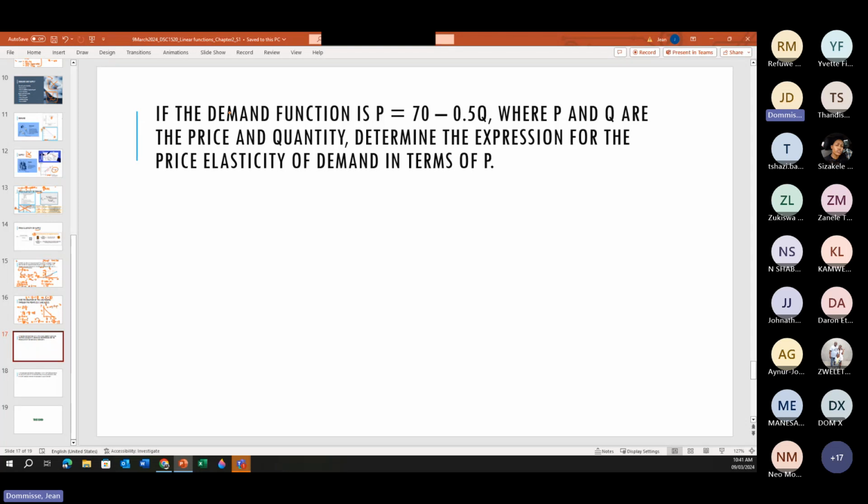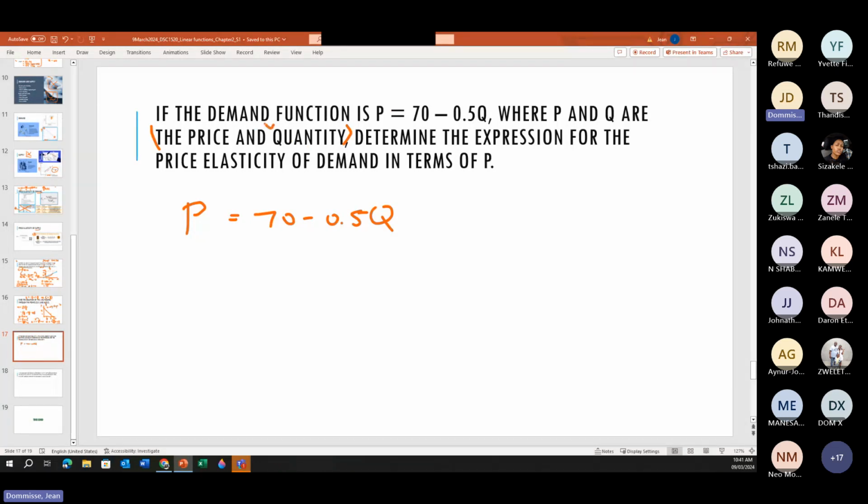Okay, so let's look at this. If a demand function is given as P equals 70 minus 0.5Q, where P and Q are the price and quantity. This I don't really need to add, because we nearly need to know already that P and Q is price and quantity.